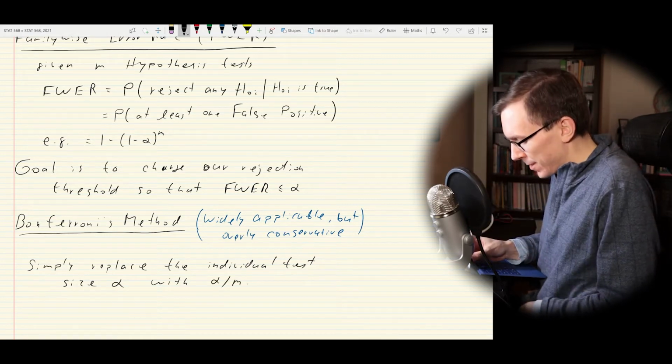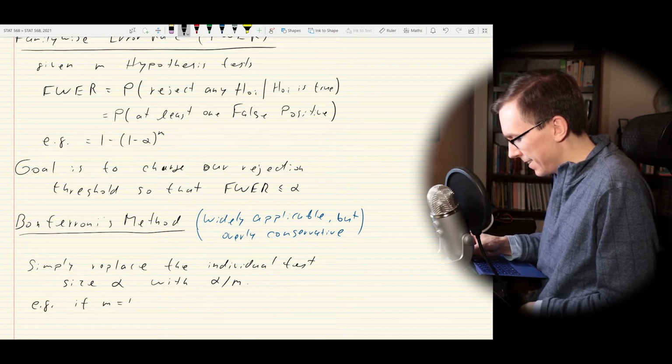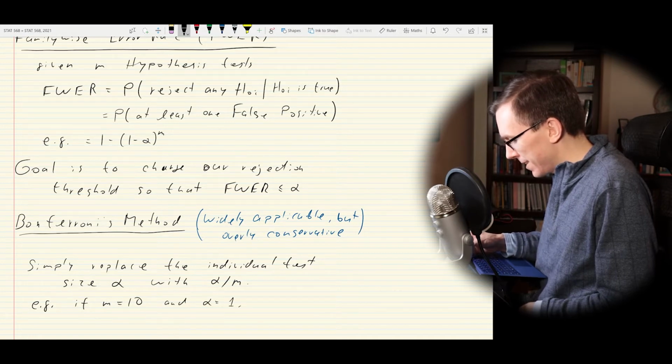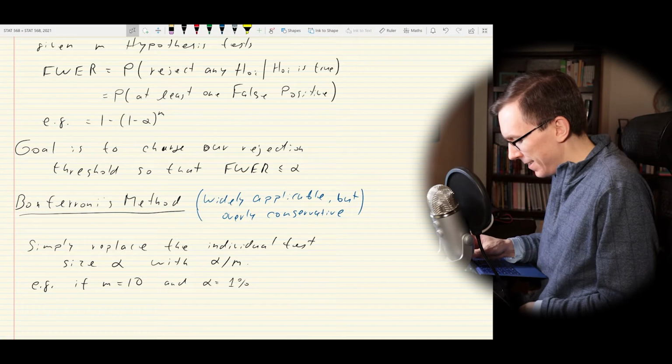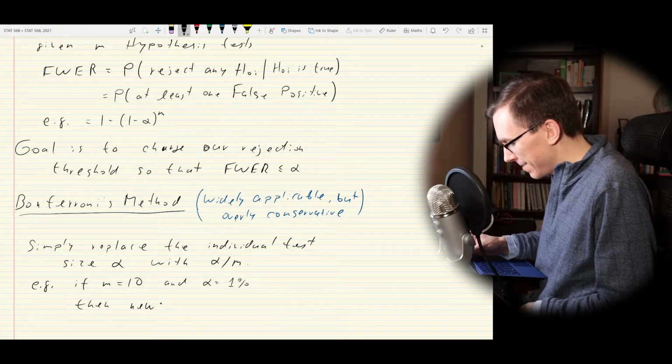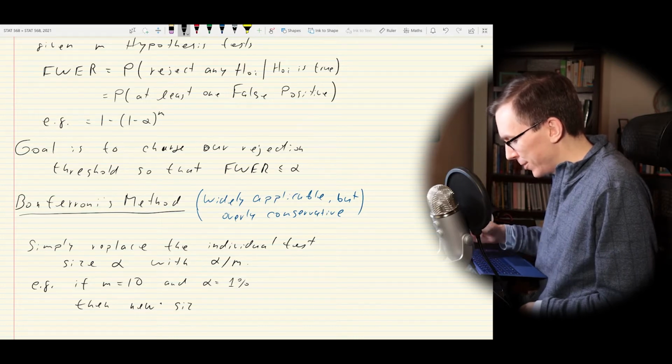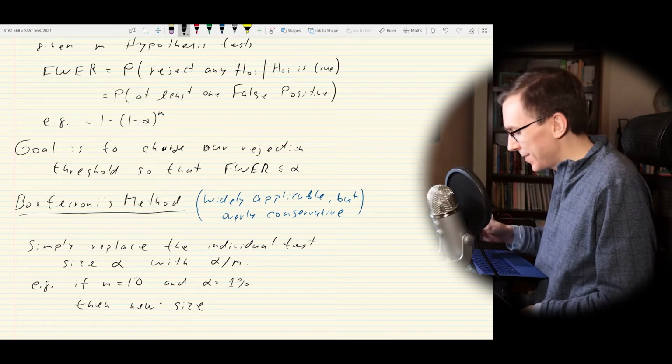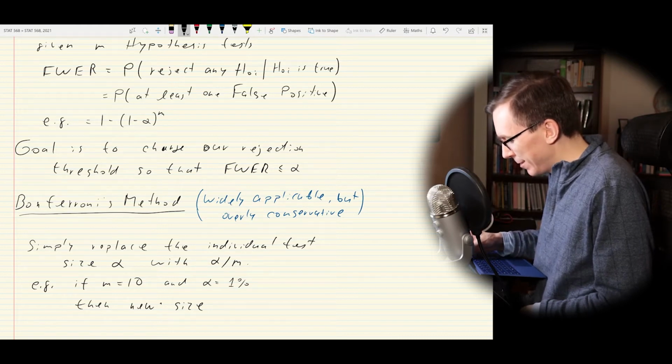So, for example, if we're running 10 tests and alpha is 1%, then the new size, or level to reject, but we also talk about factor levels, so I'll use size for this, is basically 1%, 0.01 divided by 10, or 1 in 1,000.